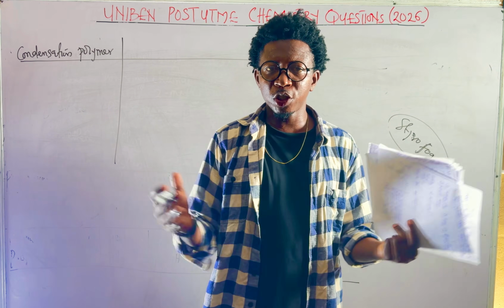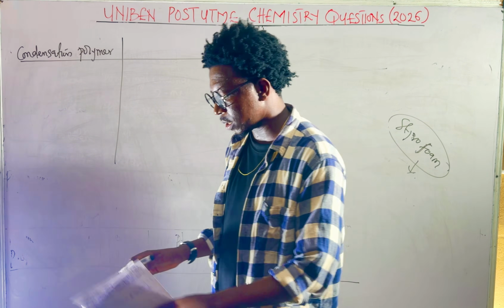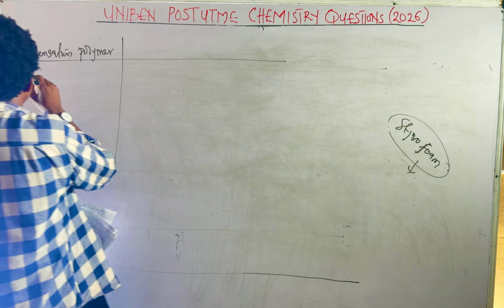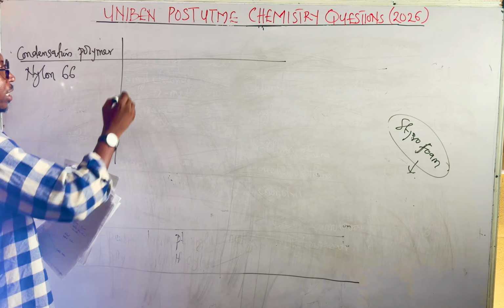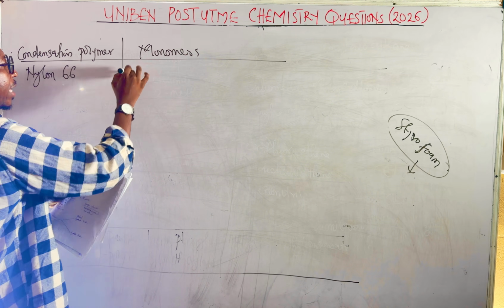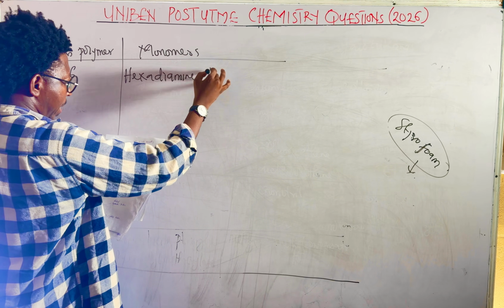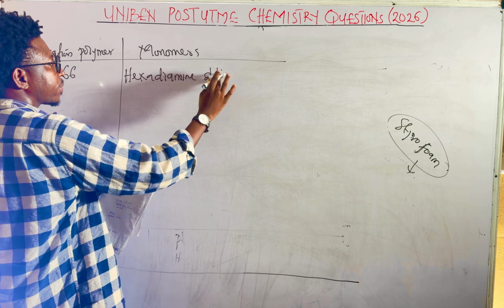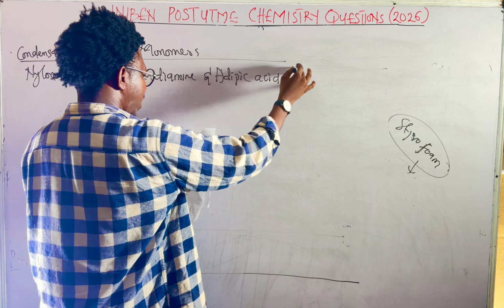An example is nylon 6,6. The monomers are hexanediamine and adipic acid.